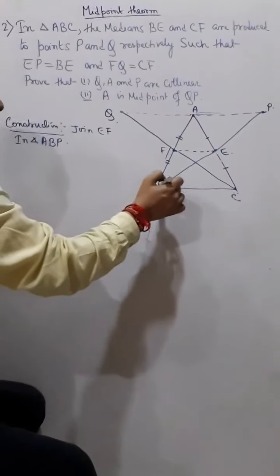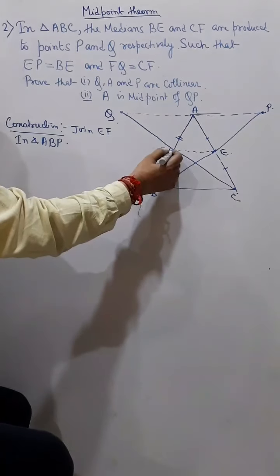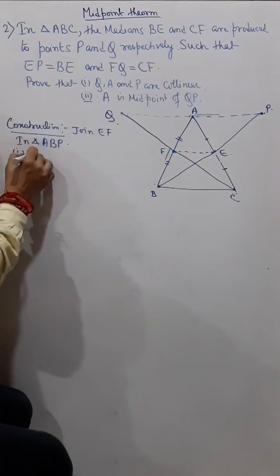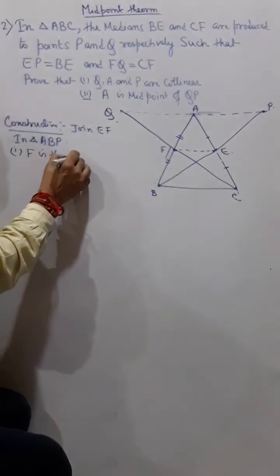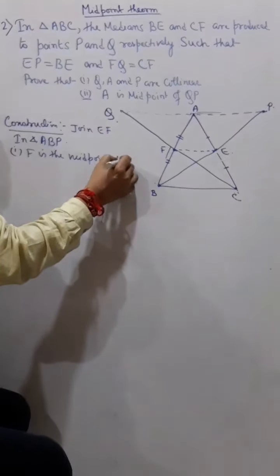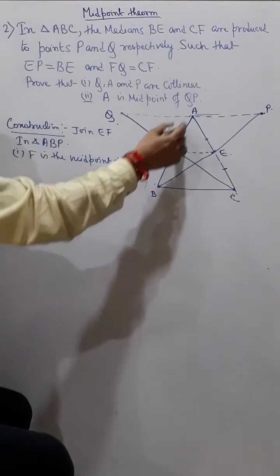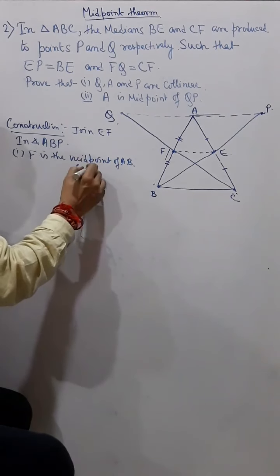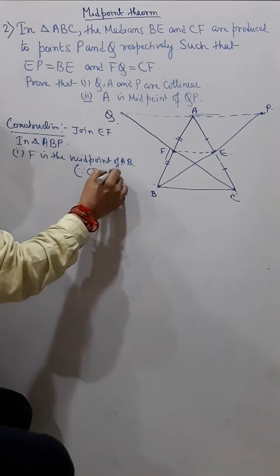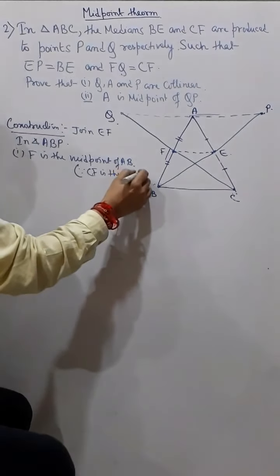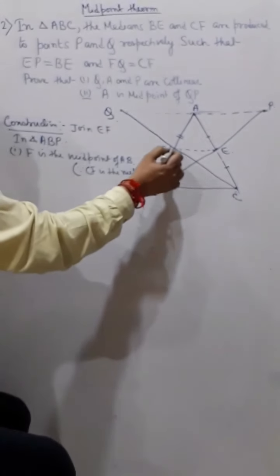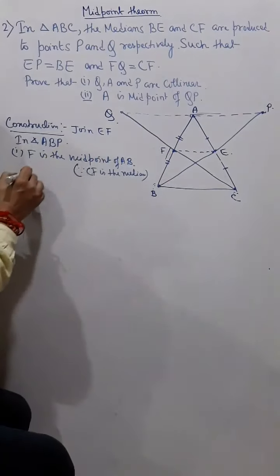So in triangle ABP, first we can say that F is the midpoint of AB. Why? Since CF is the median. So understand, if CF is the median, naturally AF equals FB. That means F is the midpoint of AB.